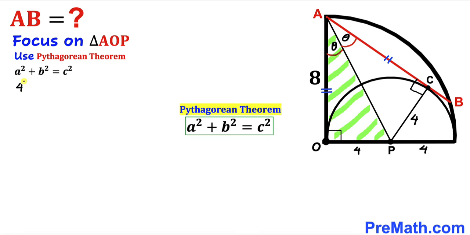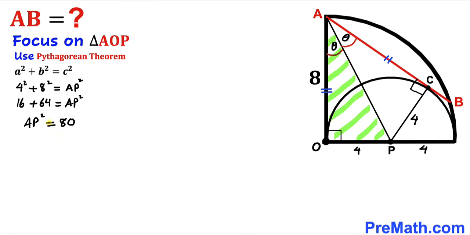We got 4 square plus 8 square is going to be equal to AP whole square. Now we are going to undo this square by taking square root on both sides. So therefore our AP length turns out to be, if we simplify, square root of 80, that is going to be equal to 4 times square root of 5.